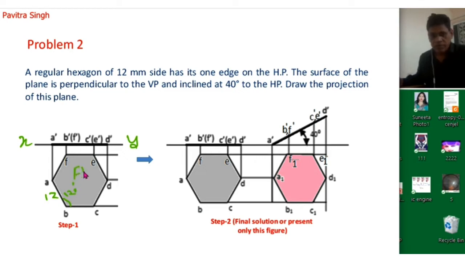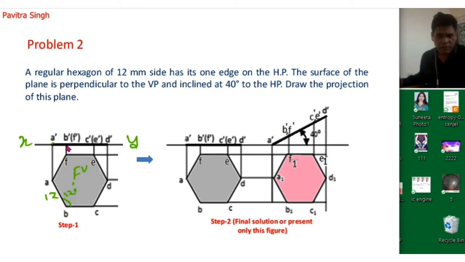So this is actually the top view. So we can see this plane completely from the top. Now we will draw vertical lines from points A, B, C, D, E and F. These lines connect on the xy line at points A dash, B dash, C dash, D dash, E dash, F dash.